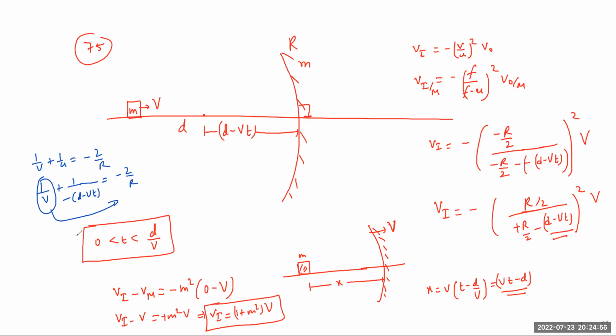They're asking beta equals what? Where is beta? Oh, beta is given as P1 minus P2 by rho.